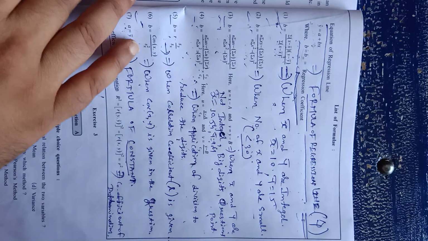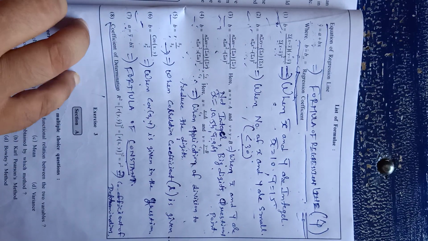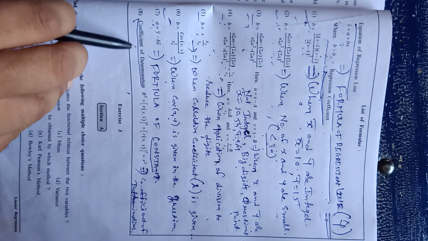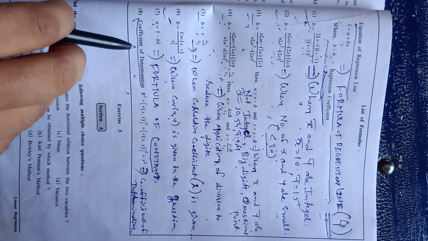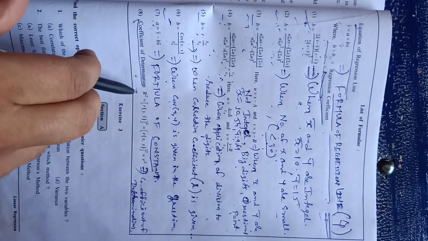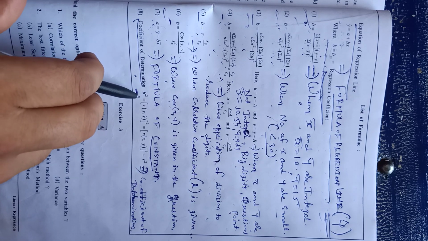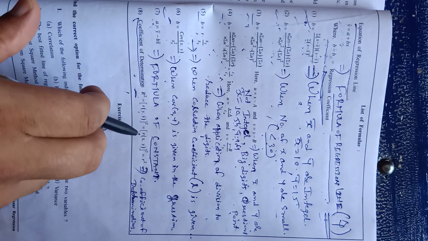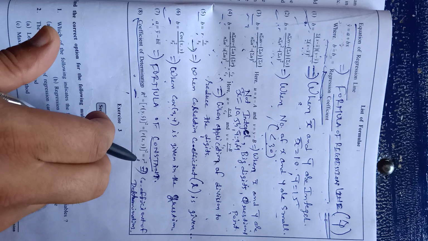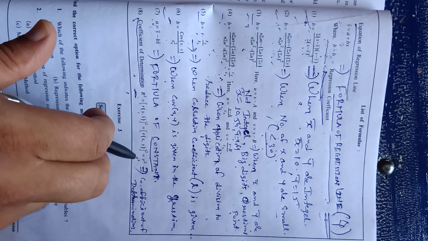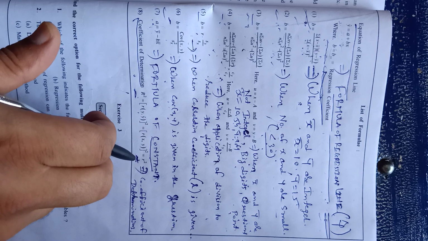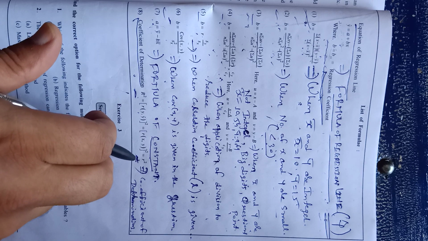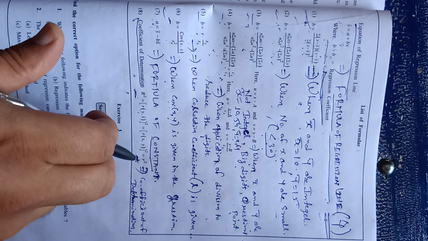Now the last formula of the chapter is the coefficient of determination. The coefficient of determination is denoted by capital R square. The simple formula of capital R square is small r square. Small r means the correlation coefficient.